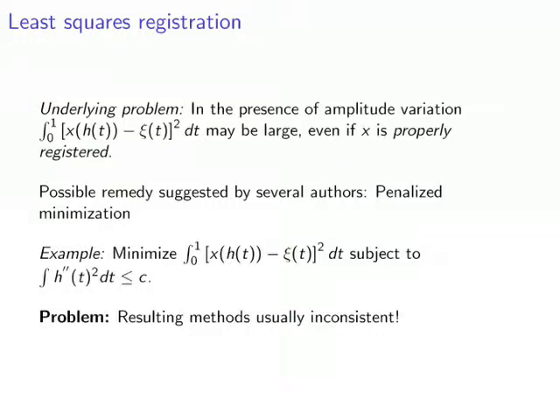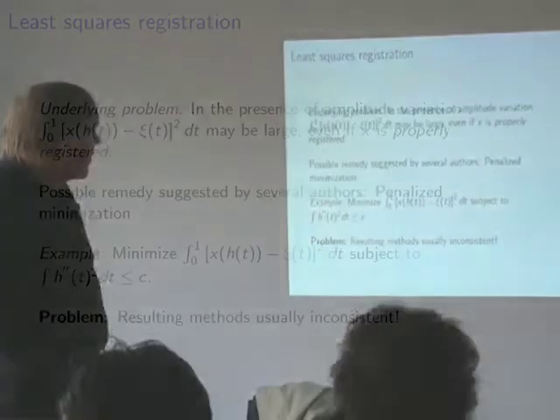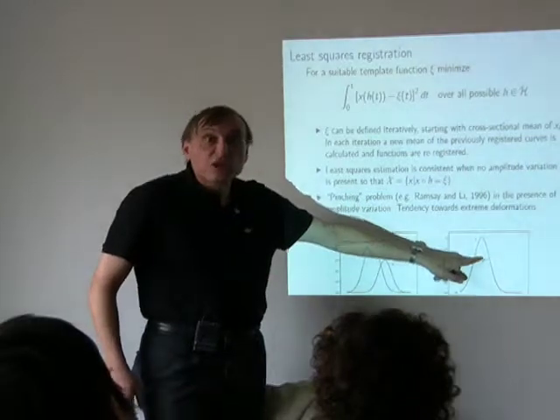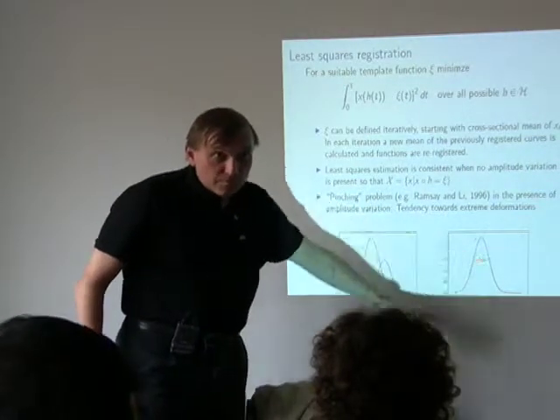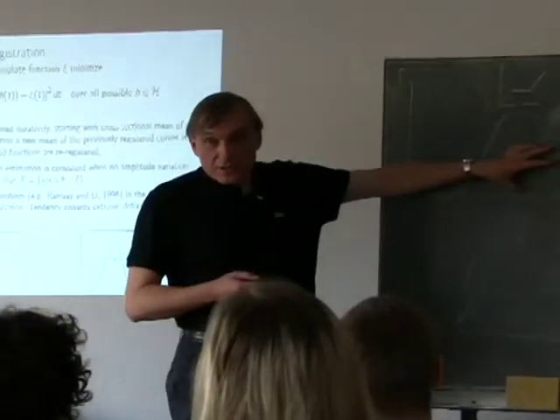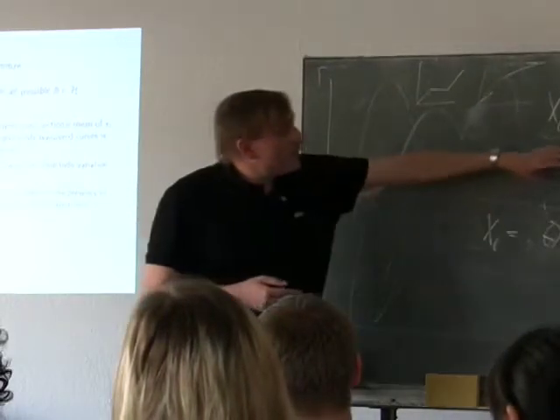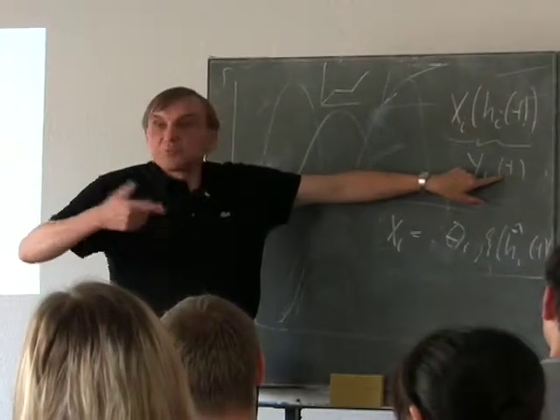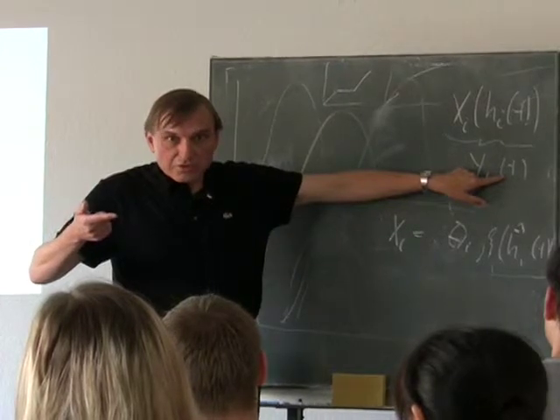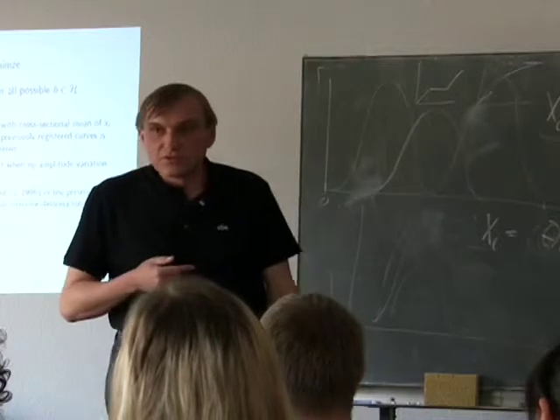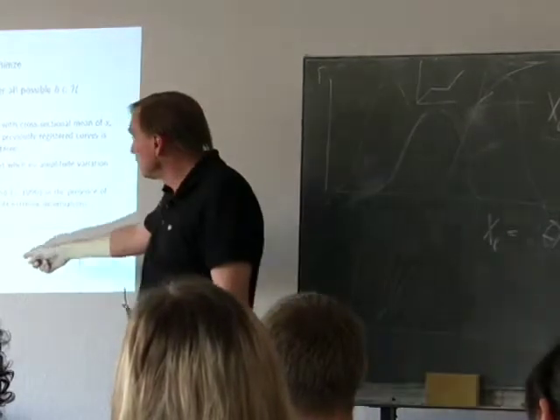Because what will you do? If you add such a constraint, the least squares registration will go in this direction as far as possible, so that the constraint is still satisfied. But if you then apply this procedure again to this registered curve, it will go further in this direction, towards this extreme.